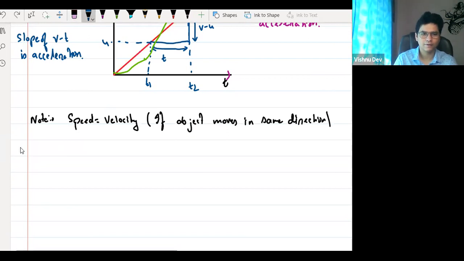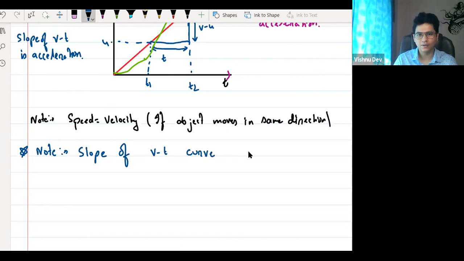Yeah, so star mark करके note, right? Slope of the VT curve will give acceleration. ठीक है?